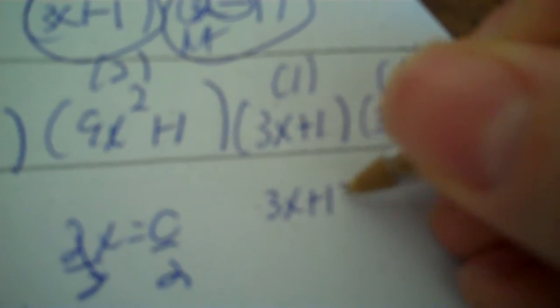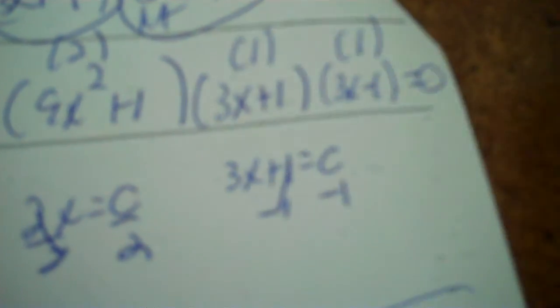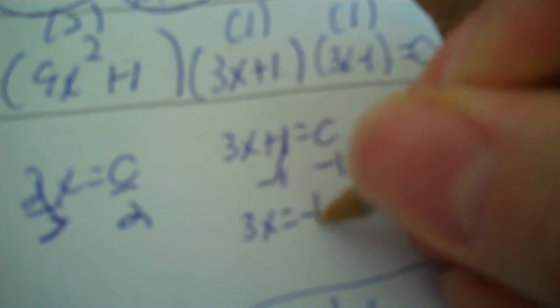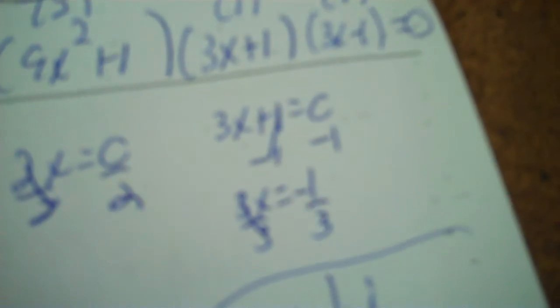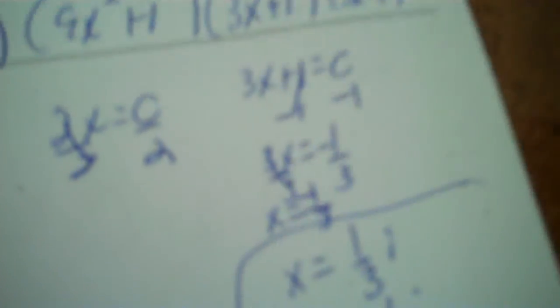Then, let's do the other ones. 2x equals 0. That's easy. We just divide by 2. We get 0. 3x + 1 equals 0. We subtract 1, we get negative 1, divided by 3. X equals negative 1/3. We don't have to square root these because there's no second power.